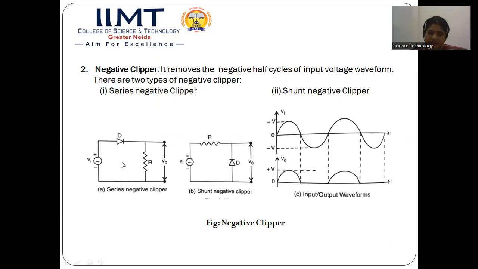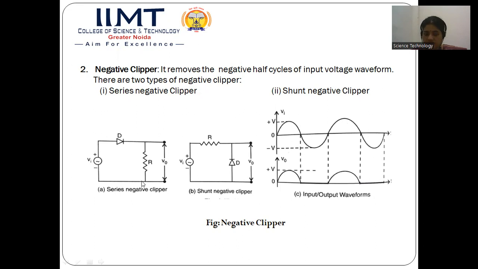So we'll consider diagrams A and C. In diagram A, this is the positive half cycle. The upper portion of image C is the input waveform, and the lower one is the output waveform. In the first positive half cycle, the polarity will be like this, so the diode will be in forward bias.